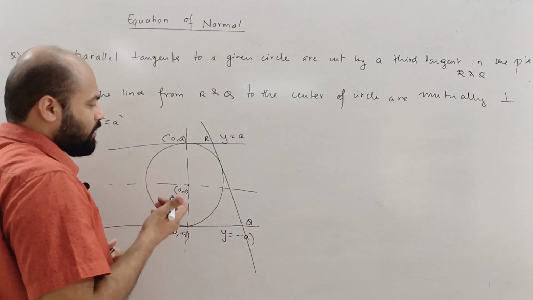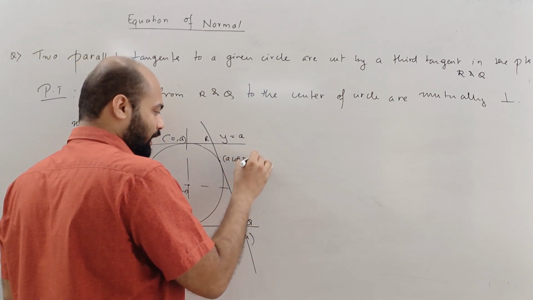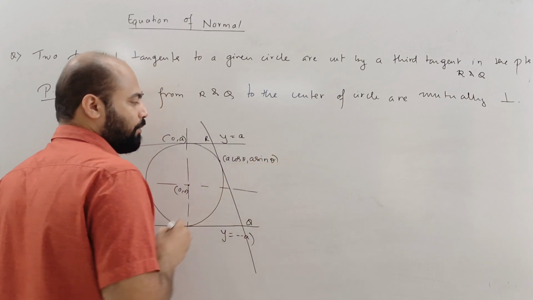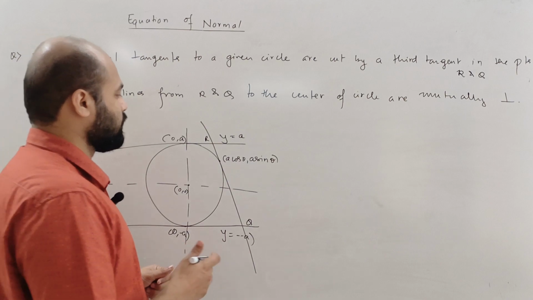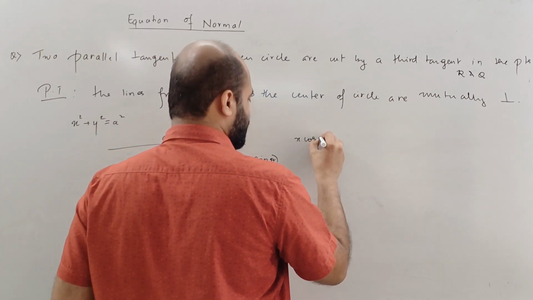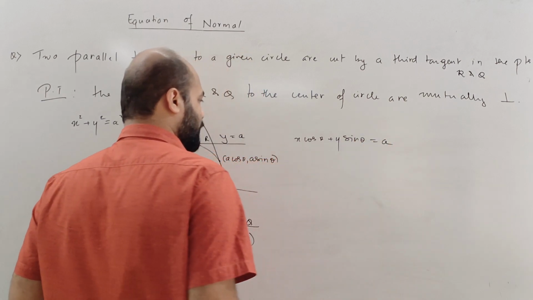As we have said earlier, any general point over here can be taken as (a cos theta, a sin theta), which is called the parametric form of the circle. And we can write the equation of this particular tangent as x cos theta plus y sin theta is equal to a.